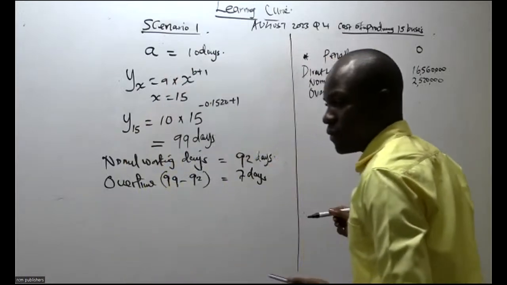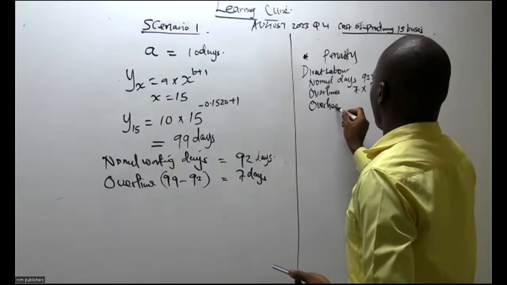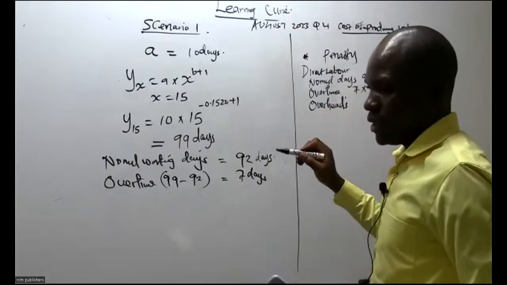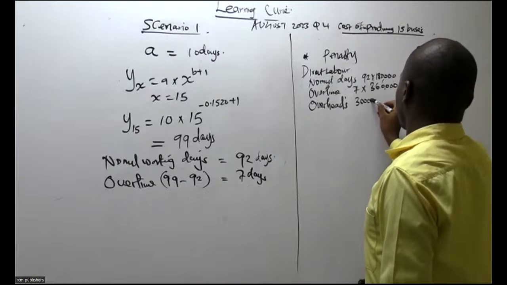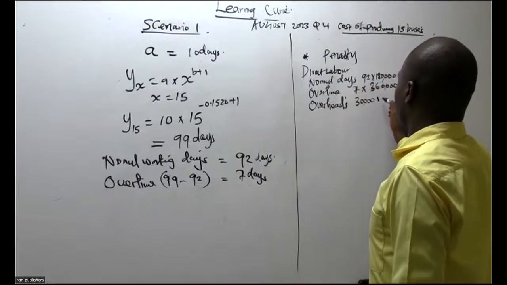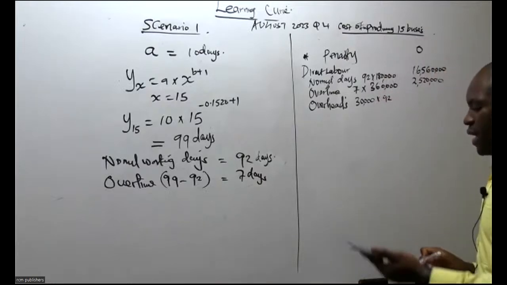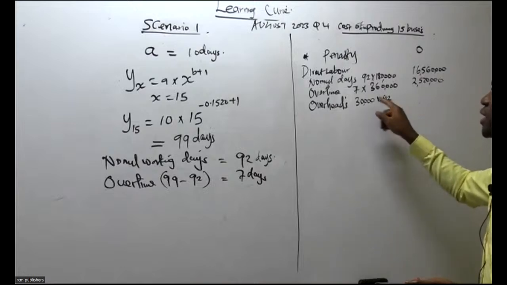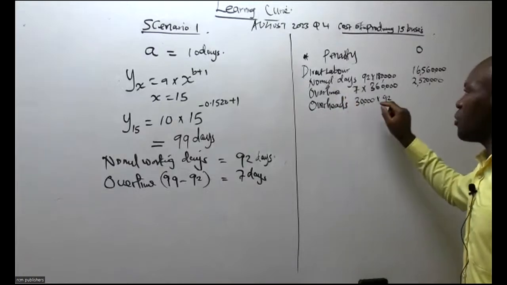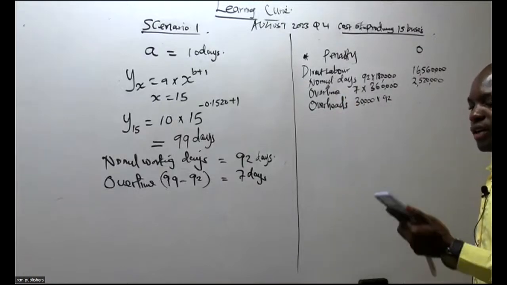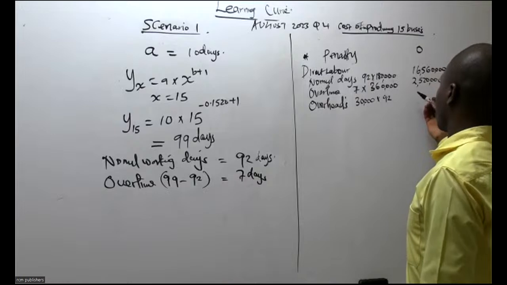So overheads are allocated at 30,000 per day for the normal working days. The overtime will not be used to apportion the overheads. So how much are the overheads? 30,000 by 92 is 2,760,000.